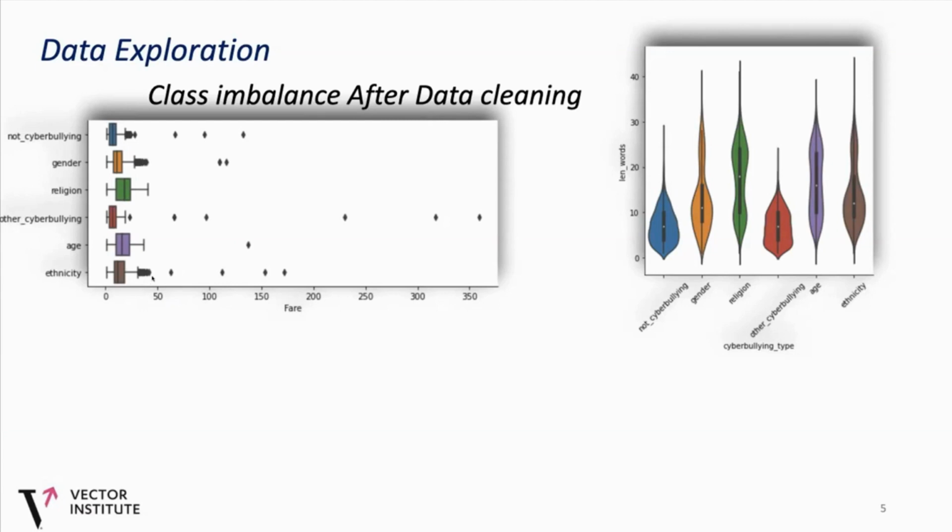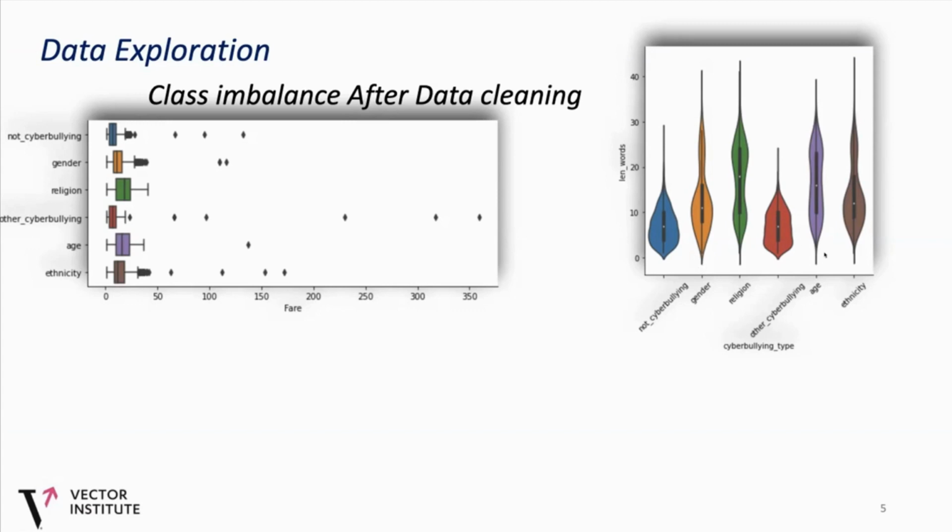I realized that above 50 word counts per entry, most of the words were really outliers, so I had to cut the word limit from that point. Now I have a shape, and if you look at the distribution on my right, you will see that the blue, which is not cyberbullying, and the red, which is other cyberbullying, have an equivalent distribution.